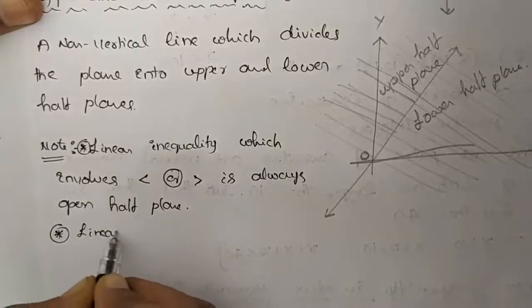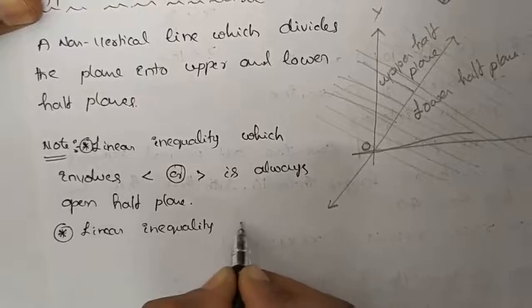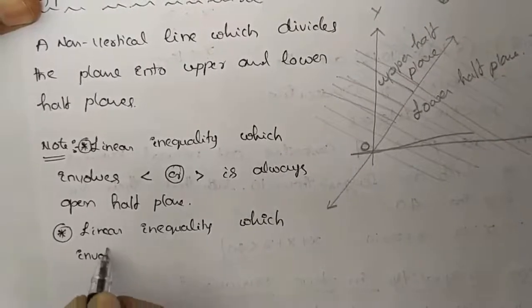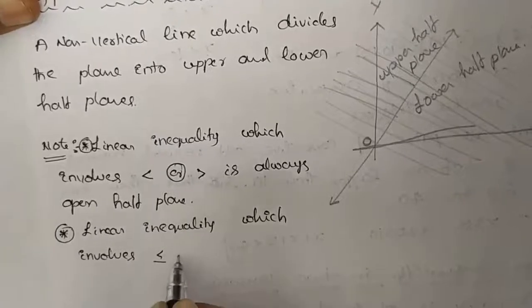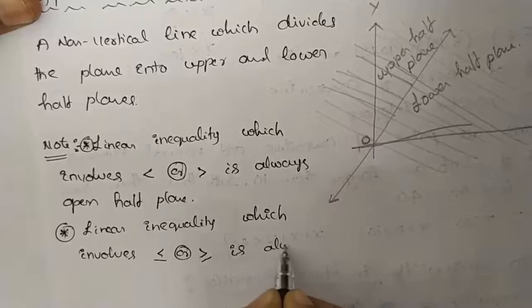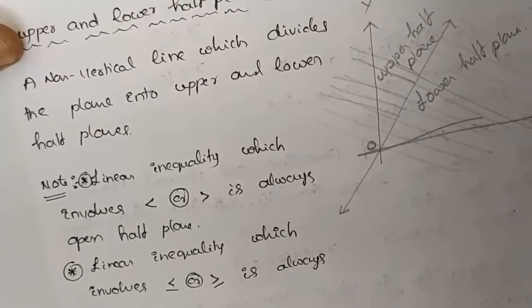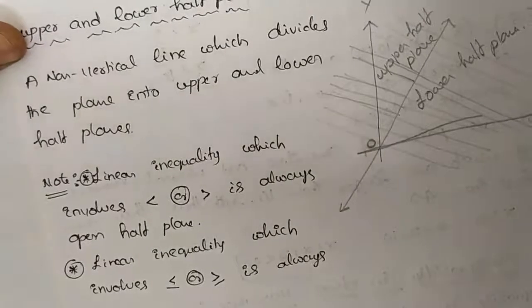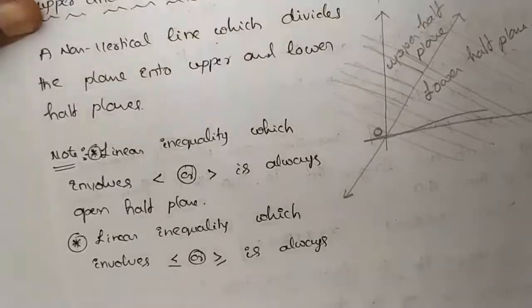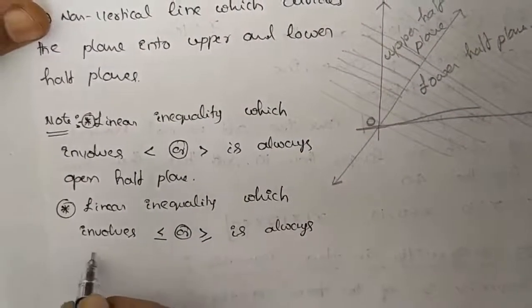A linear inequality which involves less than or equals or greater than or equals is always a closed half plane.